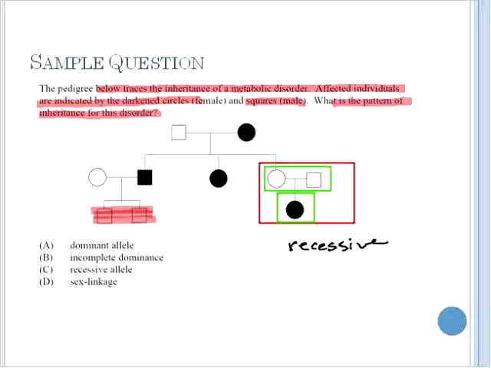If you had the gene, you pass it on. The correct answer then for the pattern of inheritance is indeed recessive, C. We can eliminate dominant based on the fact that the carriers do not show it. Incomplete dominance references a third phenotype. And there does not seem to be any distinction between the sexes. So the correct answer is indeed C, recessive allele.